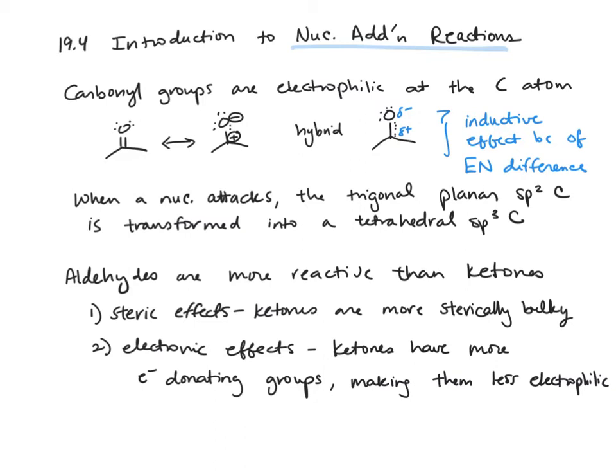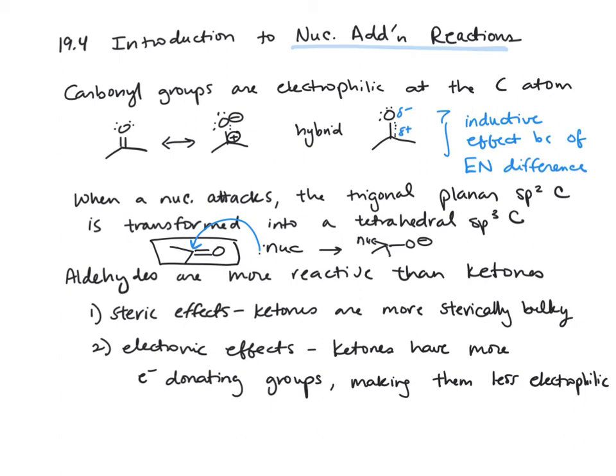When a nucleophile attacks, a trigonal planar carbon atom is transformed into a tetrahedral sp3 hybridized carbon.